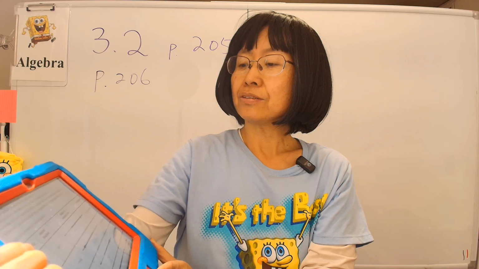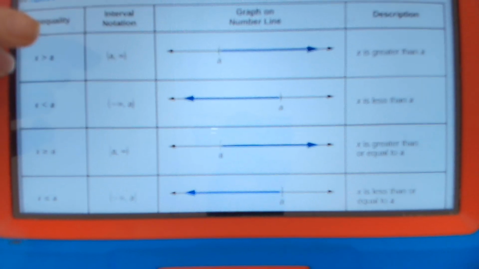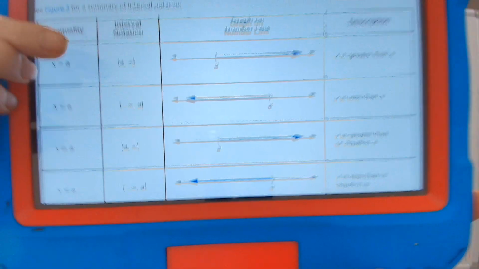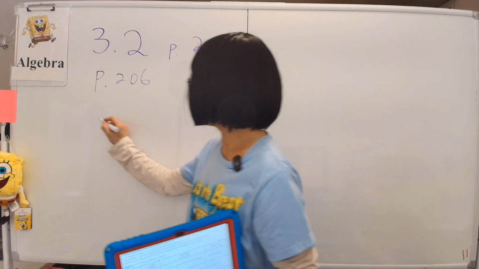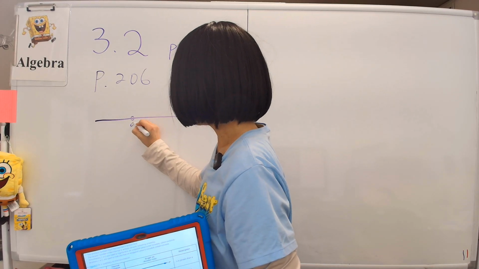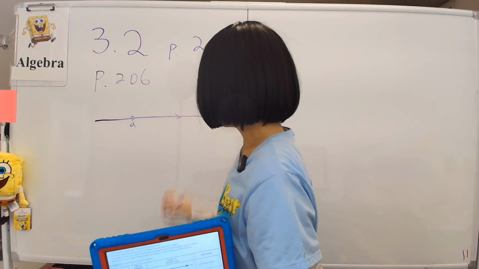Now, to show that a is not included, the book very carefully has the blue line not touch a, but the more common notation in my day is you just draw a circle here to indicate that a is not included. Here's a, okay, and then we'll draw a line that goes in that direction.